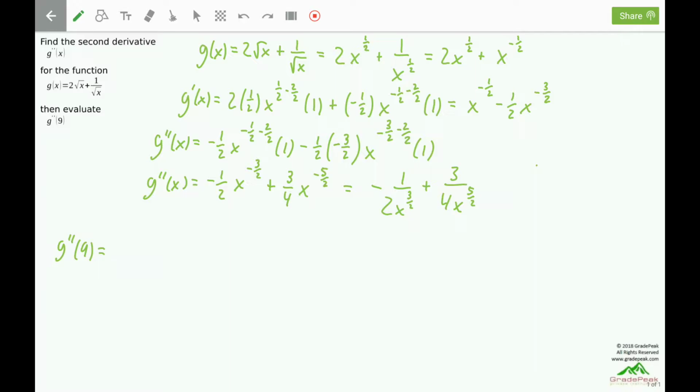And g double prime of 9 is going to be negative 1 over, we're going to plug a 9 in for each x, so 2 times 9 to the 3/2 plus a 3 over a 4 times a 9 to the 5/2.